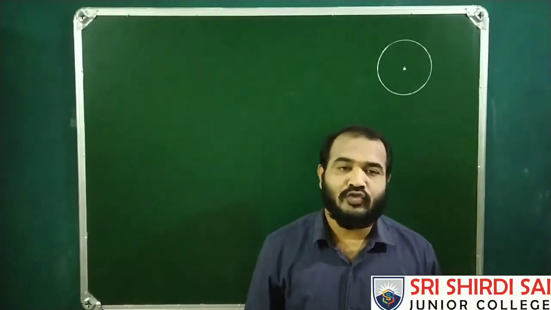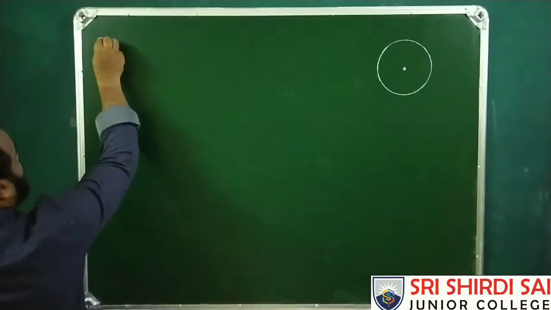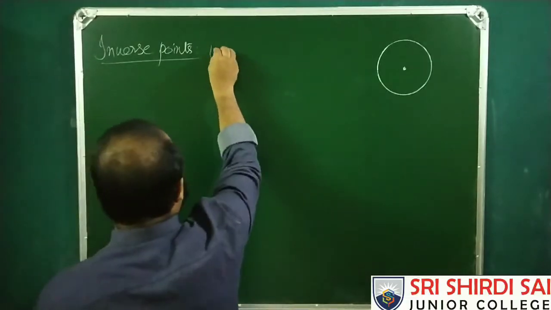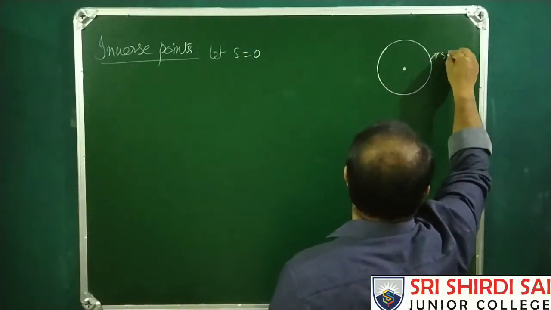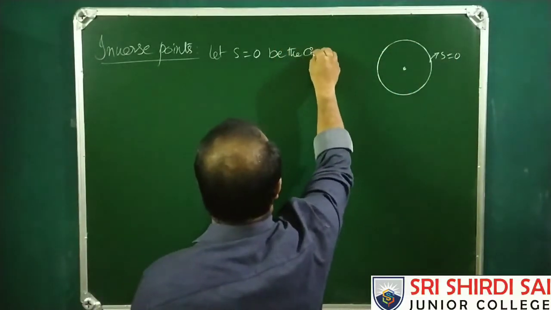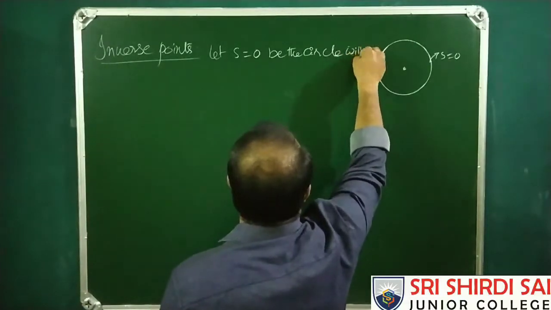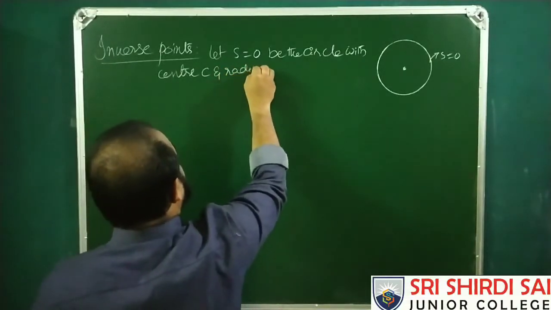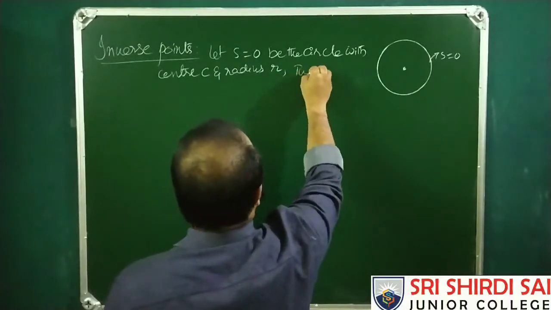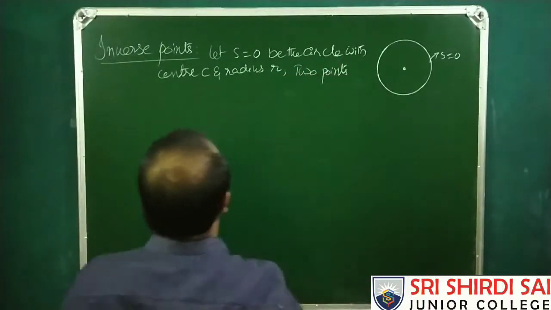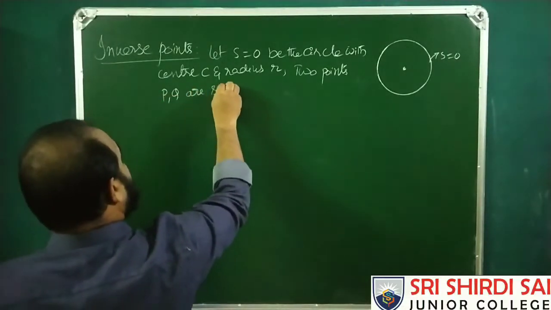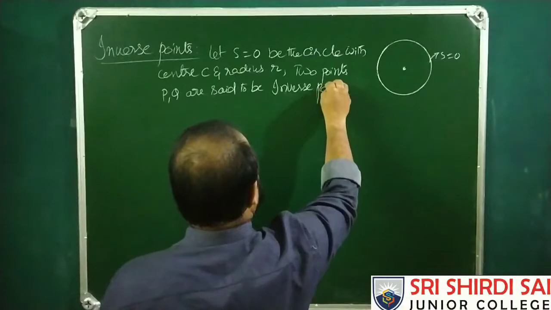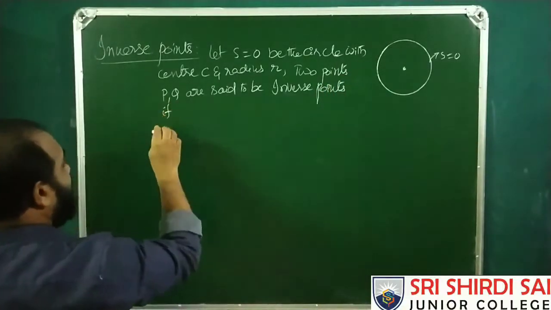Let us discuss inverse points. Let S equals 0 be the circle with the center C and radius R. Two points P, Q are said to be inverse points if they undergo three conditions.